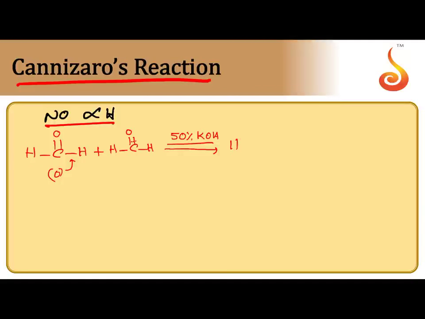First, you break the C-H of one molecule, HC double bond O, OH. Formic acid is obtained. Actually, formate is obtained. After the formation of formate, one more step is used, that is acidification. So finally, we can get formic acid. And in the other one, you break the C=O pi bond.